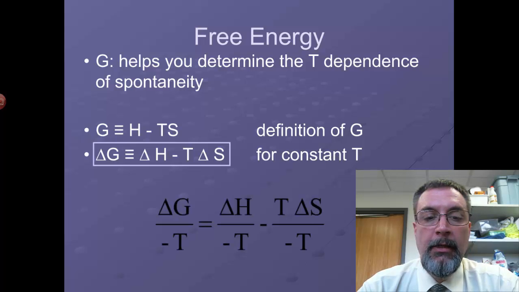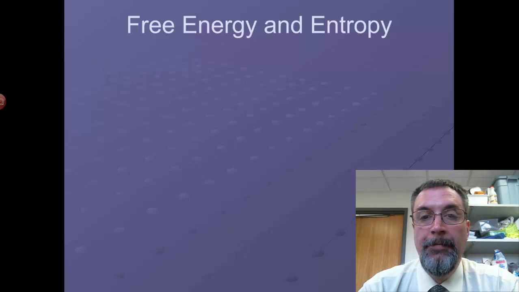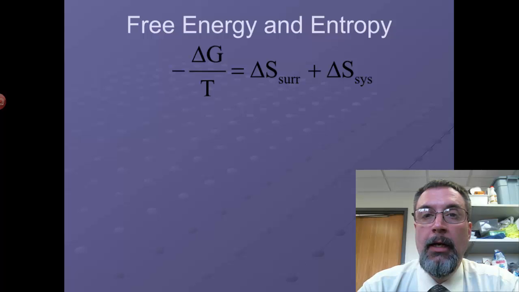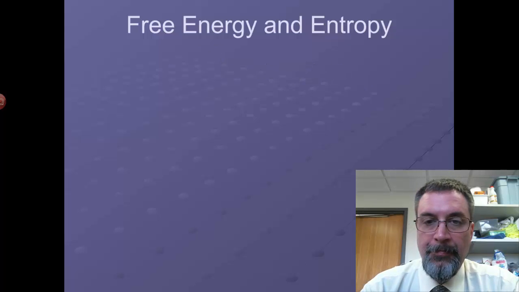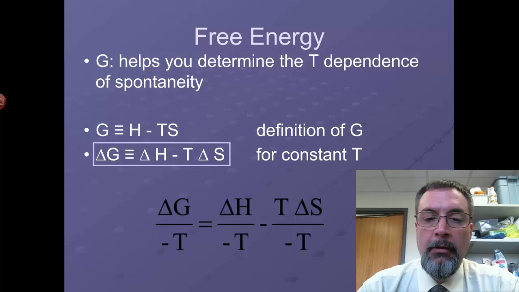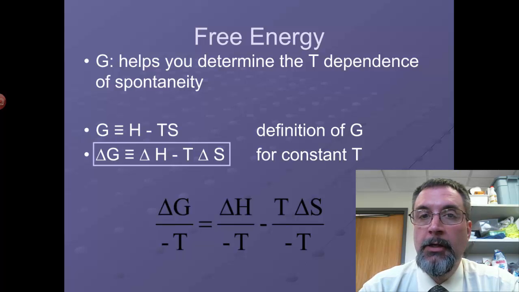If I take my delta G equals delta H minus T delta S, and I divide each by negative T, you may recognize delta H over negative T, or negative delta H over T. Well, that's our expression for the entropy of the surroundings, isn't it?